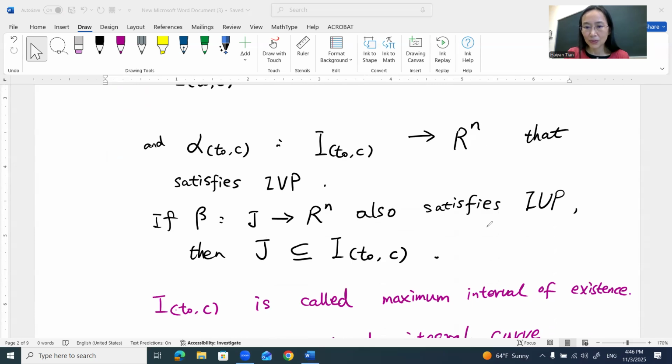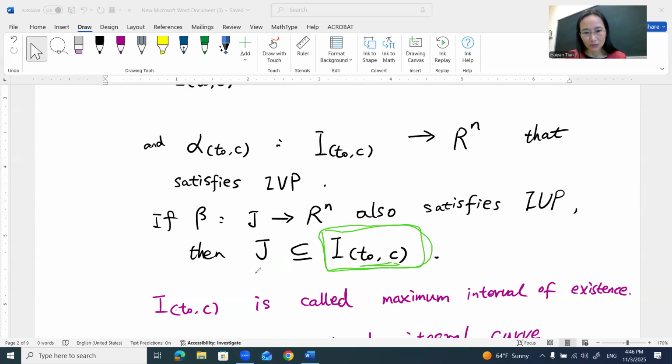If beta is another solution, which also satisfies the initial value problem, then the interval where beta is defined has to be a subset of the interval I. So for the initial value problem, this interval is the maximum interval of existence.